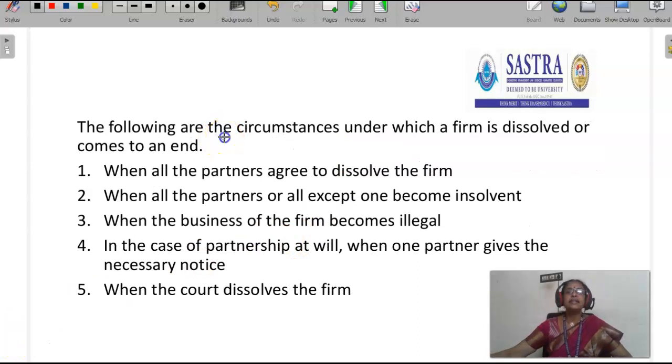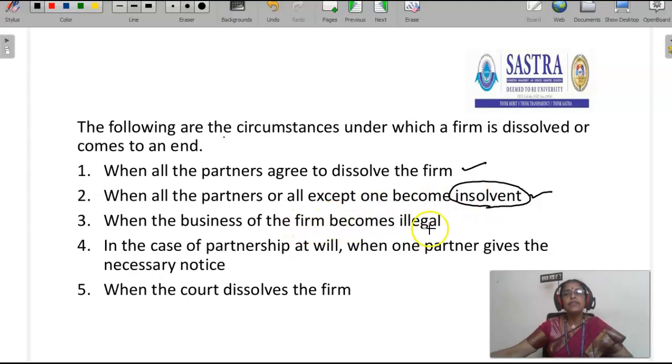The following are the circumstances under which a firm is dissolved or comes to an end. When all the partners agree to dissolve the firm, when all the partners or all except one become insolvent. Insolvent means the value of the assets of a particular partner is lesser than the value of the liabilities of that partner.